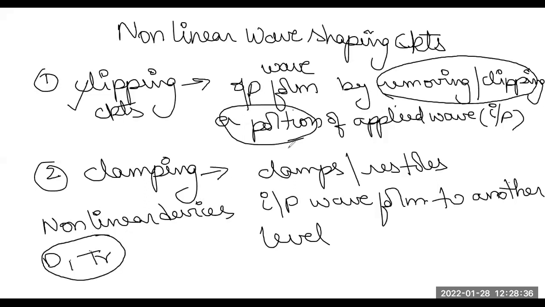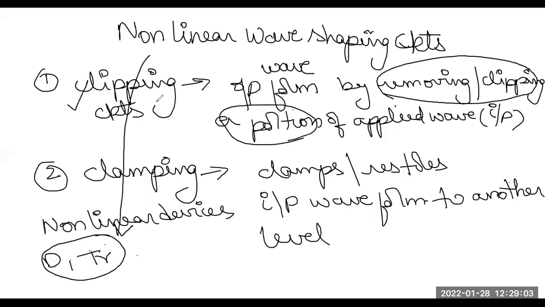Those wave shaping circuits which use non-linear devices, we call them non-linear wave shaping circuits, and they are of two types, clipping and clamping. If the circuits are using diodes, we call them diode wave shaping circuits. If you are using transistors, you call them transistor wave shaping circuits.